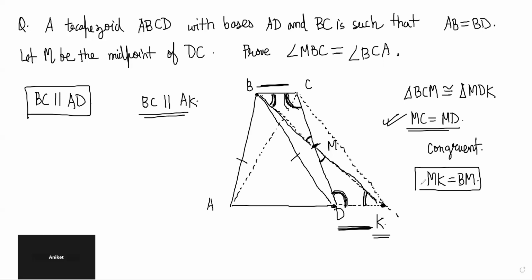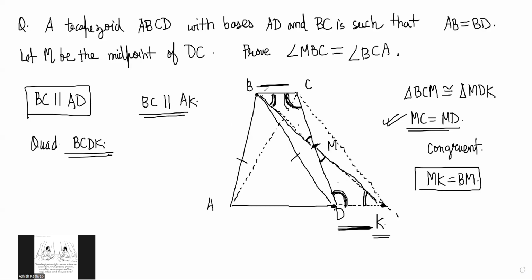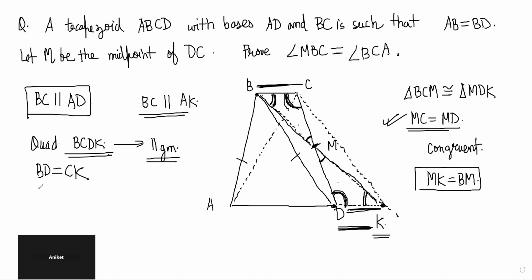If these two triangles are congruent, think of the quadrilateral BCDK. This is parallel to this and equal in length. Opposite sides are equal and parallel, so this becomes a parallelogram. Then BD is equal to CK and parallel also. And BD is equal to CK means CK is equal to AB.